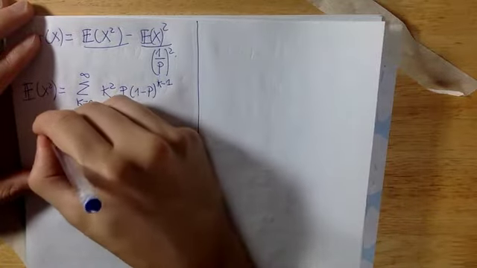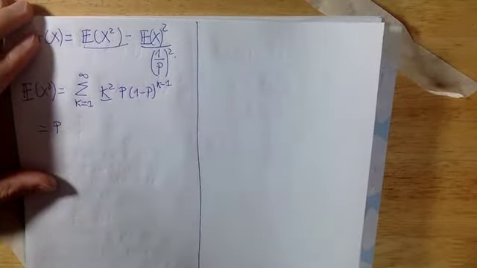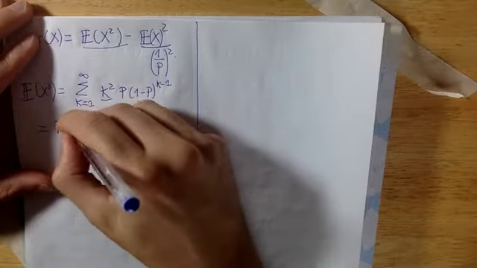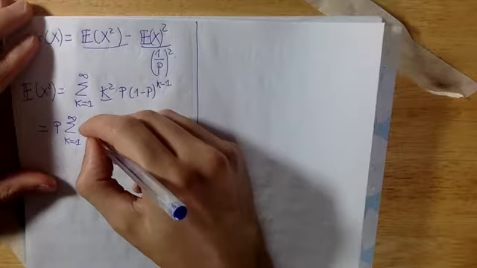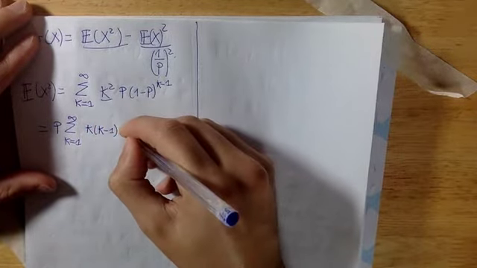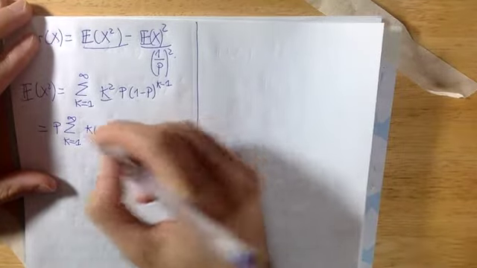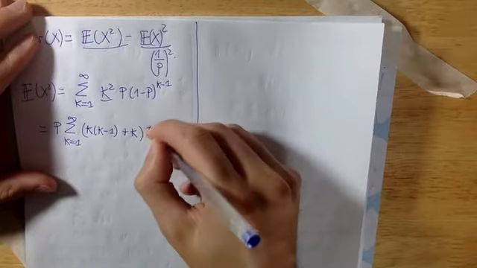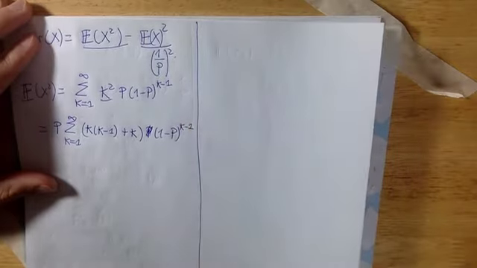Again, you take the p outside, and now you write k squared as k times (k minus 1) plus k, times p, times (1 minus p) to the k minus 1.